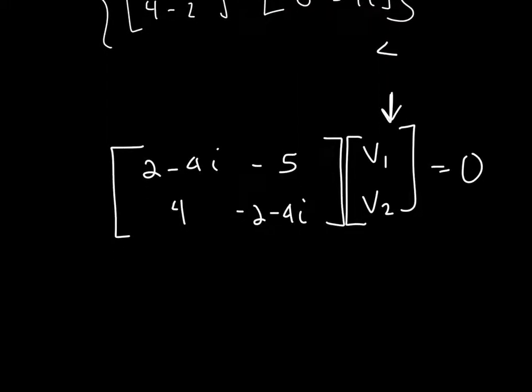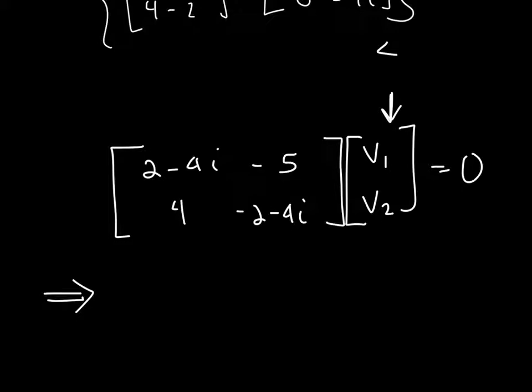Now we want to translate this back into a system of linear equations, because we know how to solve systems of linear equations. It's especially two equations in two variables. We just have complex numbers here. So this translates to, we have again our AX here.